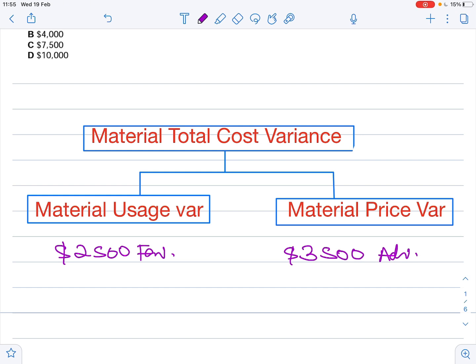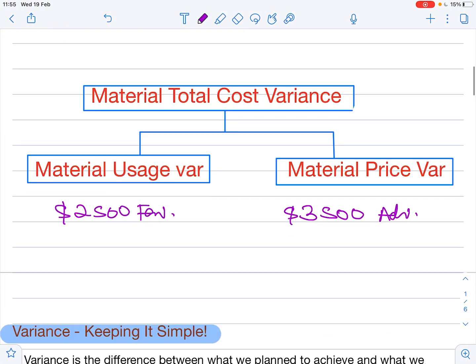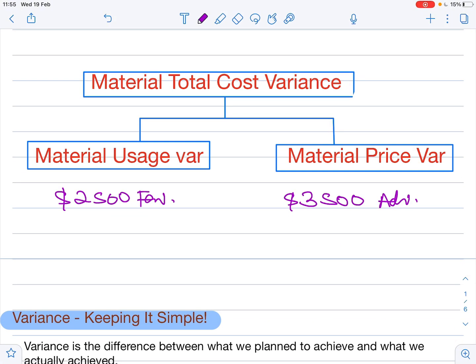Okay, so another requirement could ask you to determine material total cost variance. So what you need to do is to net this off, the two figures. So adverse means minus. So it's just like saying 2,500 minus 3,500.